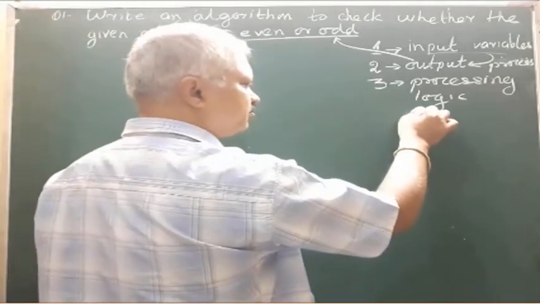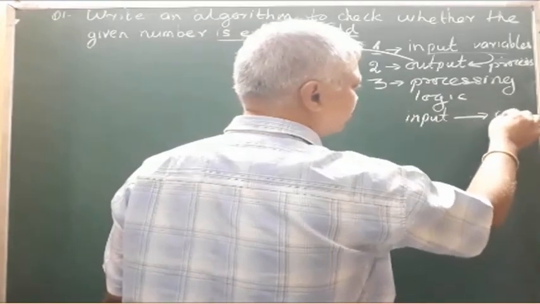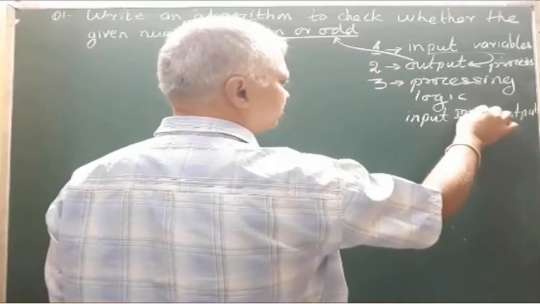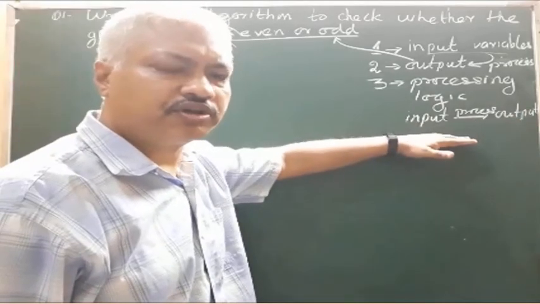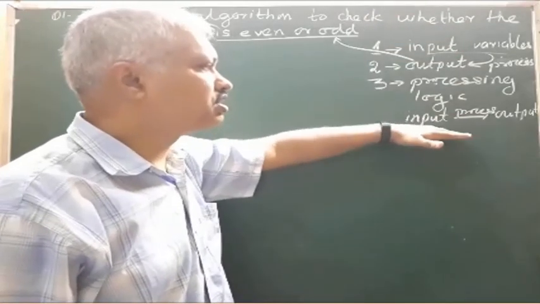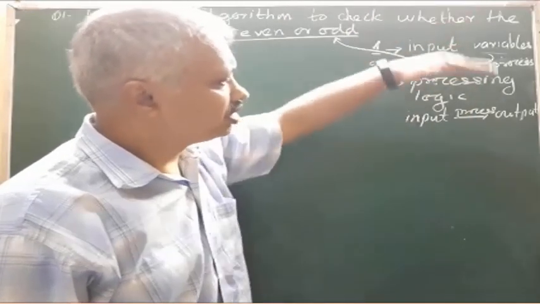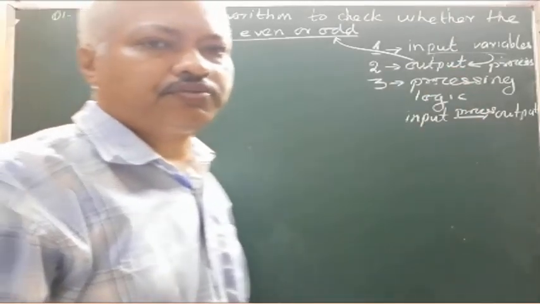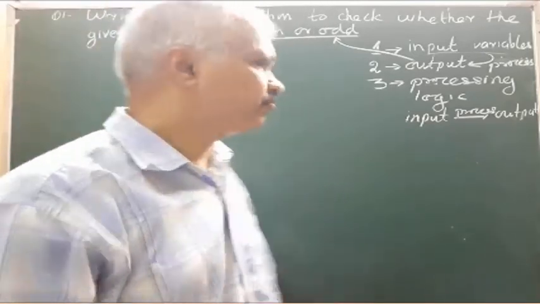What process are you going to use to generate the output from the input? You may know the input variables and the output, but if you don't know this, then how are you going to process the input into output? That is problem solving, and an algorithm is basically used to solve the problem.